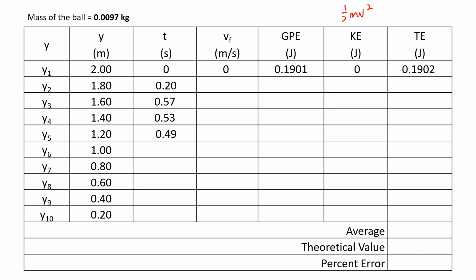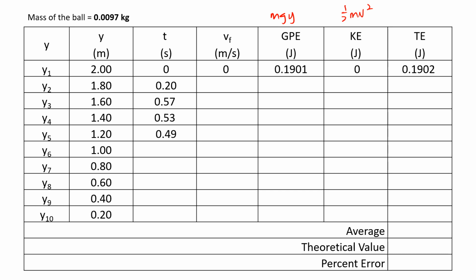For the gravitational potential energy, we need to use the formula mgy. We multiply the 0.0097 kilograms, which is the mass of the ball, by 9.8 meters per second squared, the acceleration due to gravity, and then by the height, which is 2 meters.